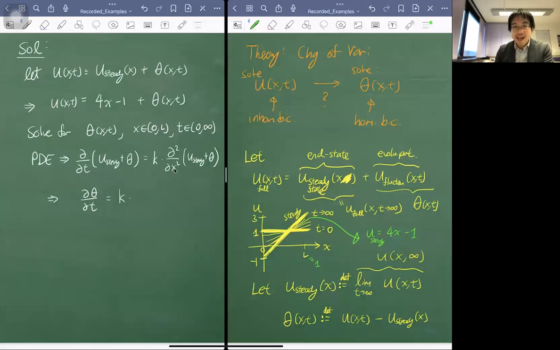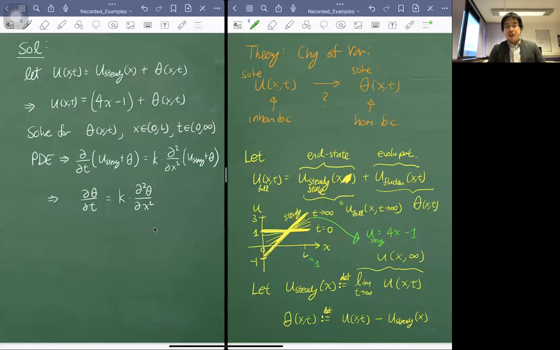Let's keep that general for now. Okay, d/dx twice of u steady plus that. Now, if you do two derivatives on this, remember this is the u steady, the final state, the steady state solution, it's going to disappear because this is linear. So the steady state is always going to be just a linear profile for any heat equation. So this is just going to disappear and leaves us with this.